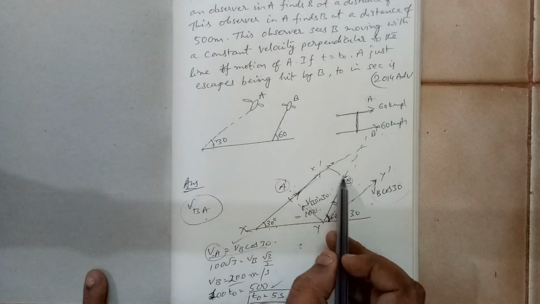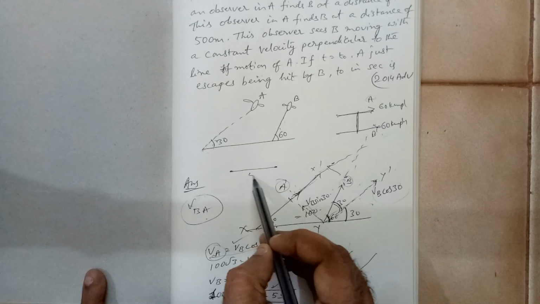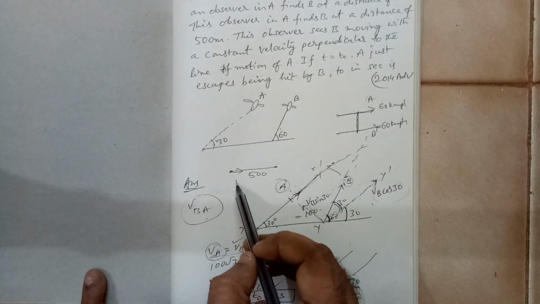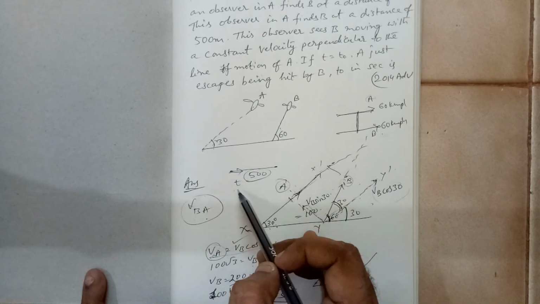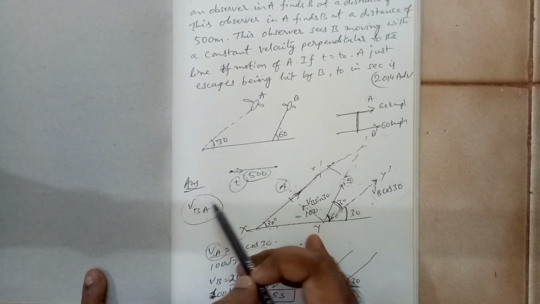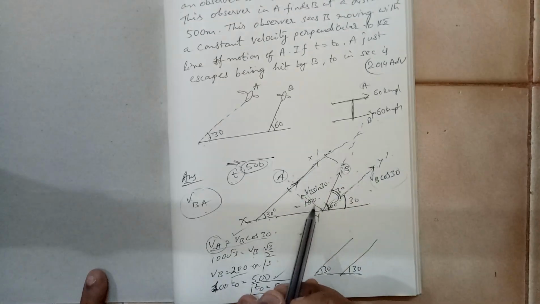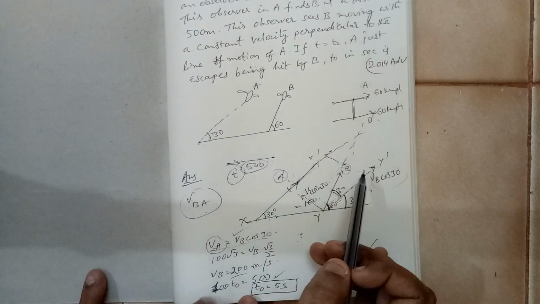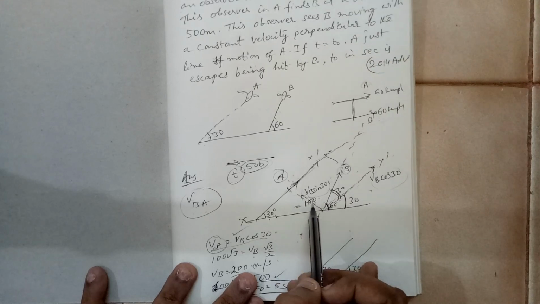Now you know the velocity in this direction. Let us imagine you have a straight line. The length is 500. You know the velocity. You have to find the time. Distance is equal to velocity into time, so you can work out the time t0. But which velocity do we have to take? We have to take the component which is perpendicular to A. That is VB sin 30.